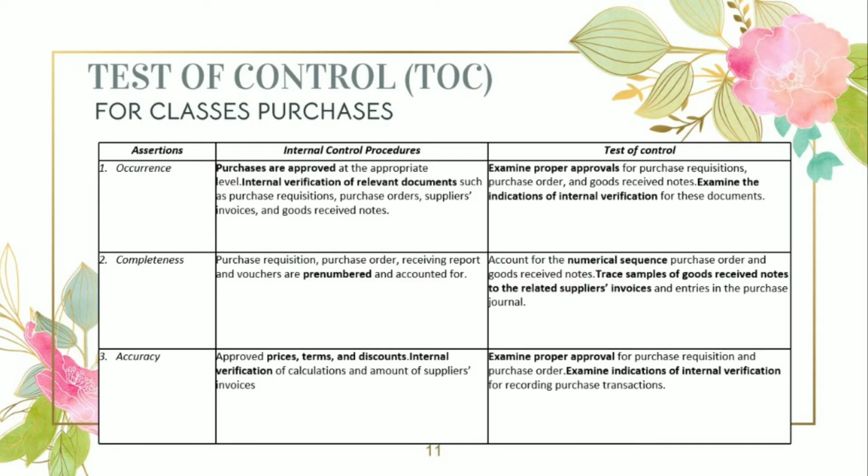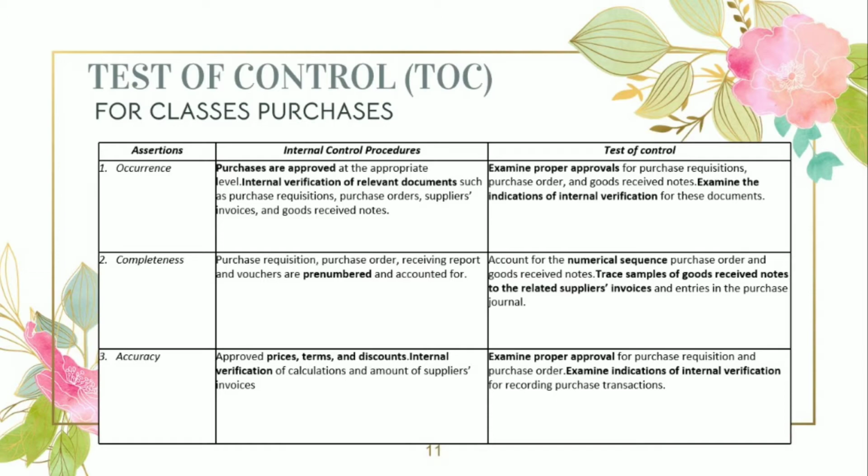For completeness, the purchase requisition, purchase order, receiving report and vouchers are pre-numbered and accounted for. The test is to account for the numerical sequence of purchase orders and goods received notes, and trace a sample of goods received notes to the related supplier invoice and the entry in the purchase journal.